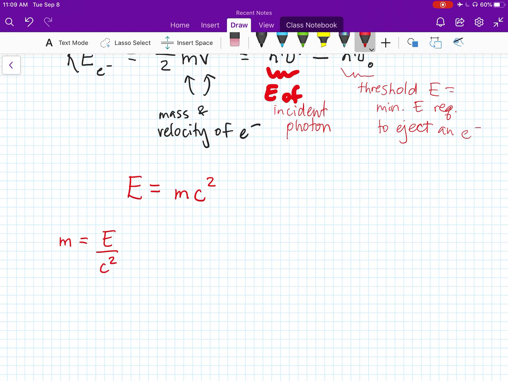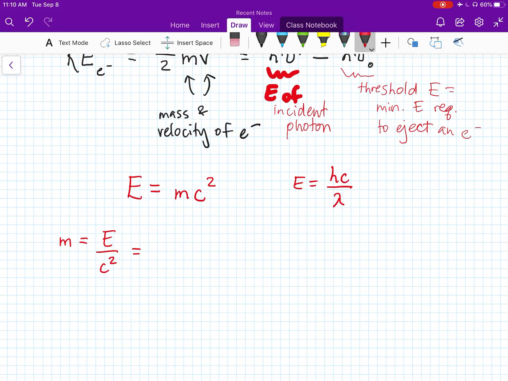If you recall from the previous lecture, we can define energy as hc over wavelength, where h is Planck's constant, c is the speed of light, and lambda is the wavelength of the light that we're talking about.